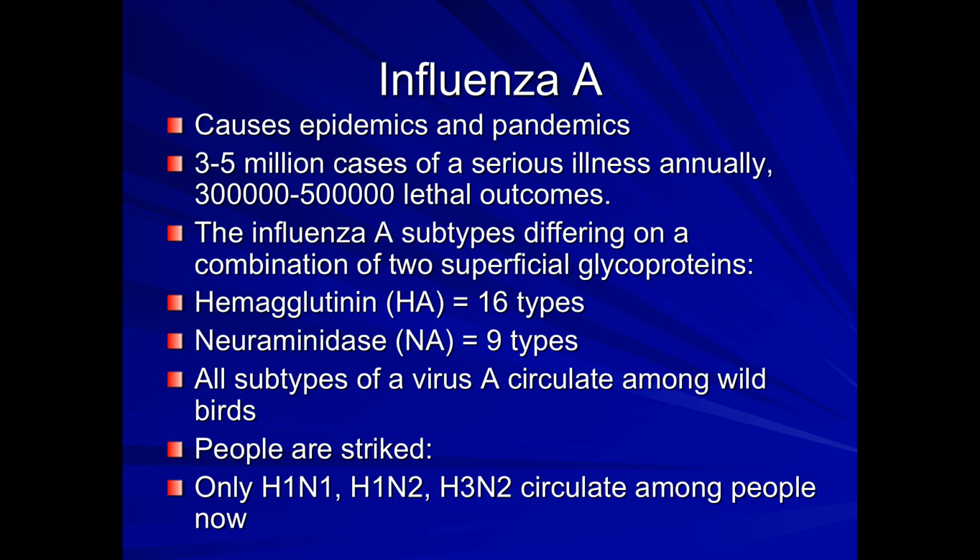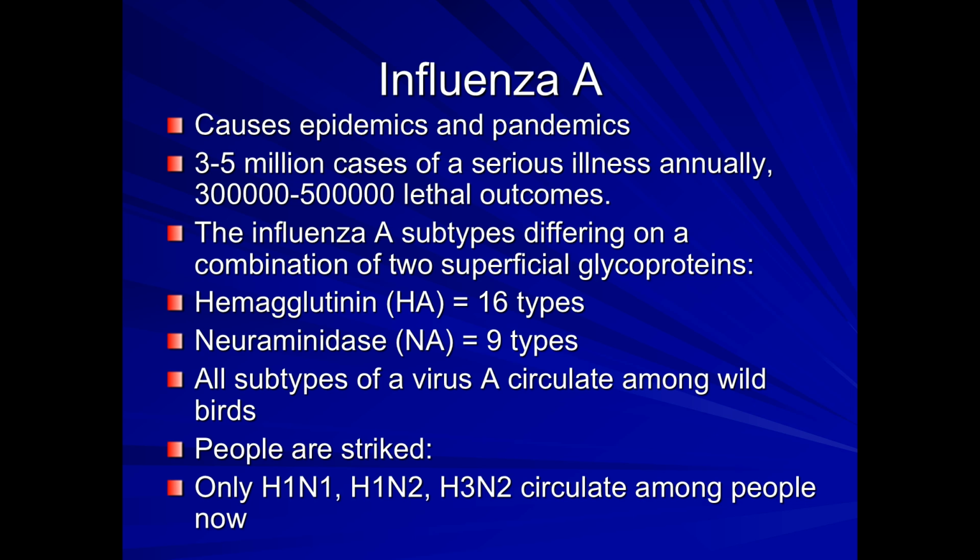Influenza A causes epidemics and pandemics. 3 to 5 million cases of serious illness annually. The influenza A subtypes differ by a combination of two surface glycoproteins: hemagglutinin, 16 types, and neuraminidase, 9 types.